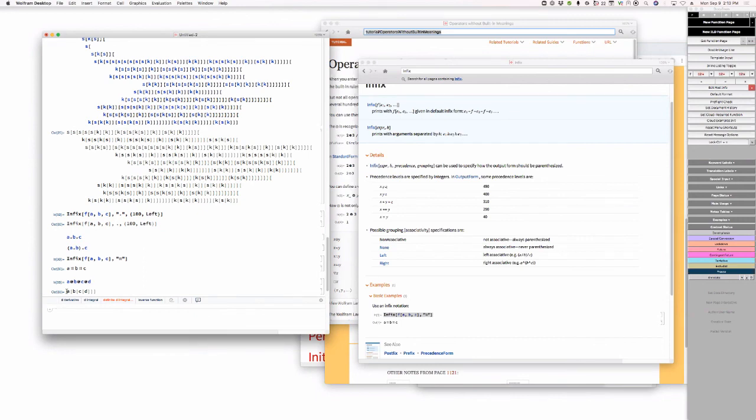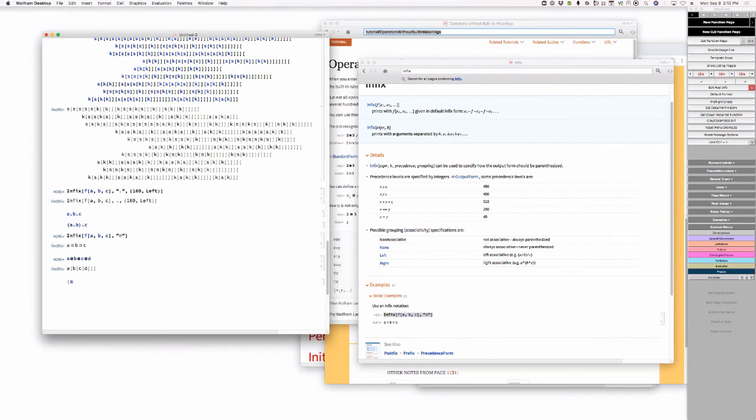Why does that need to be in parentheses? Because sometimes we need to take this as a whole function applied to something else. Exactly. And you're saying that's the left associative.